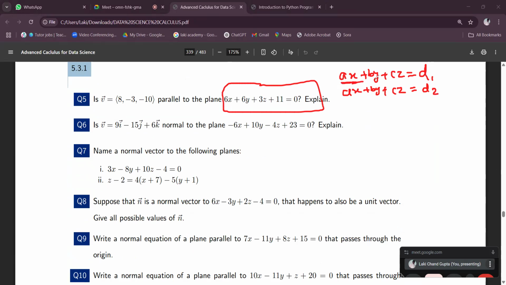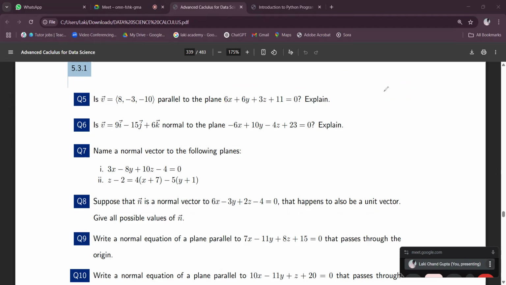If the coefficients of x, y, z are the same, then you can say they are parallel. So two equations of a plane are parallel if their coefficients, or you can say their normal vectors, are the same.